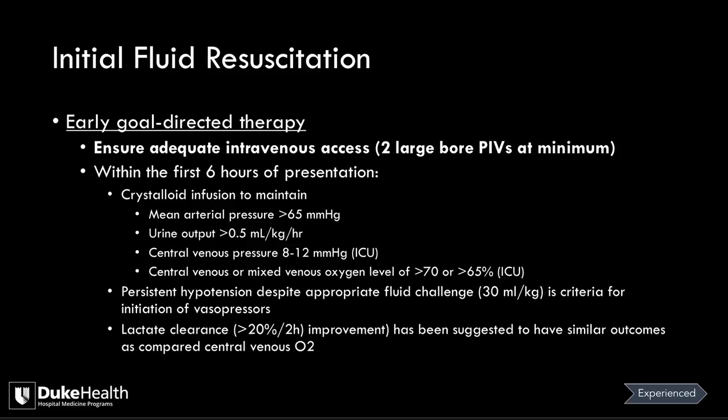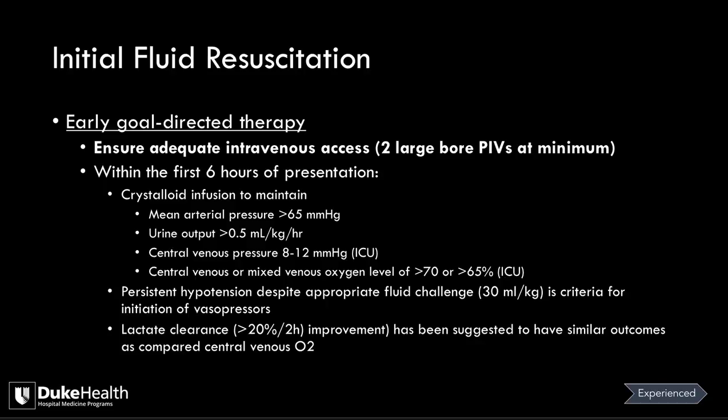Persistent hypotension despite appropriate fluid challenge is a criteria for initiation of vasopressors, and we typically consider that to be around 30 mils per kilogram. So a lot of times we admit patients to the general medicine floor who briefly achieve hemodynamic stability and then recrudesce into hypotension requiring more fluids.